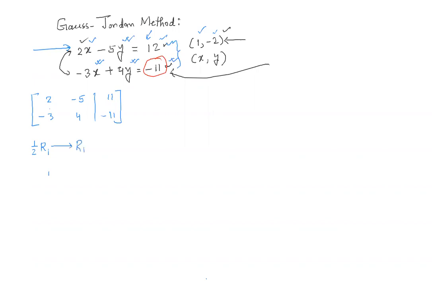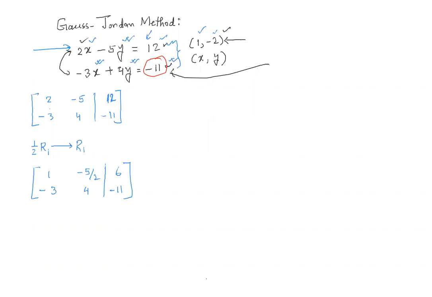So that gives me 1, -5/2. Then why did I write 12? My Jesus. Okay, it's 12. Okay, and that is 6. So that's my first row, and the second row stays the same. -3, 4, -11. All right.